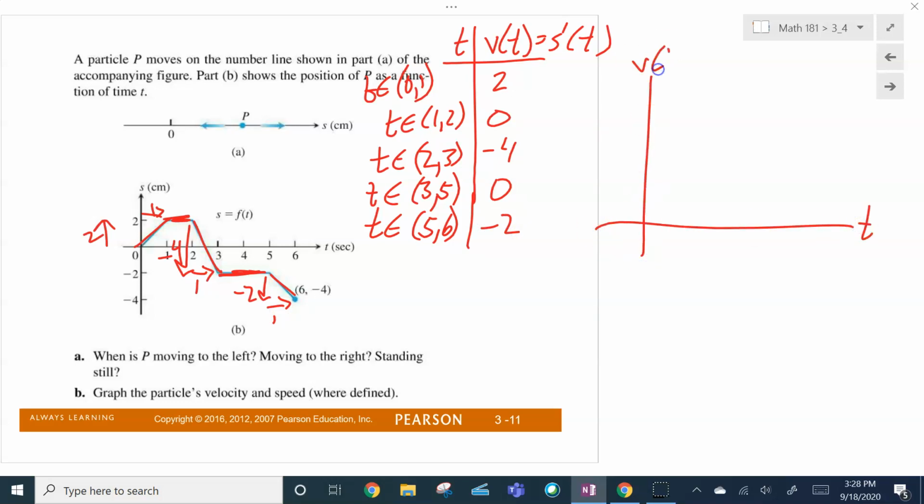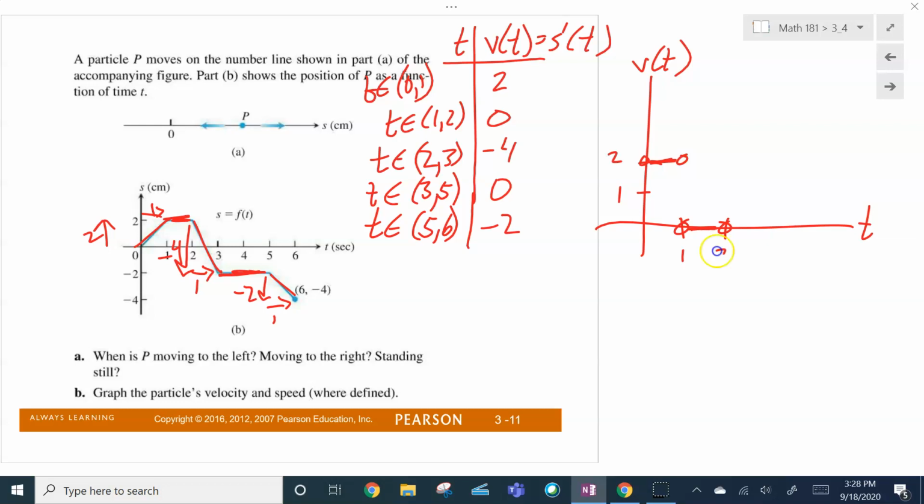T, v of t, when t is between 0 and 1, it's 2. When t is between 1 and 2, it's 0.